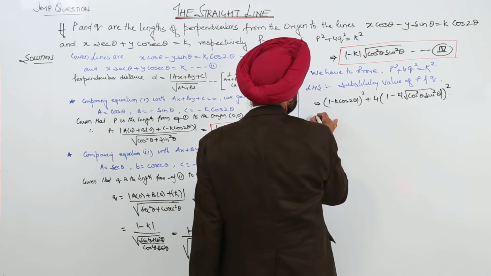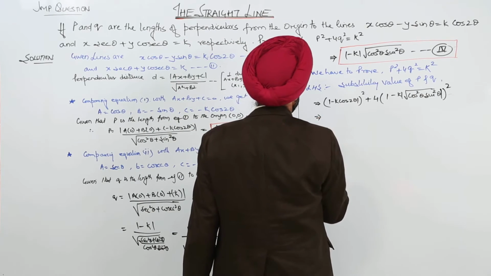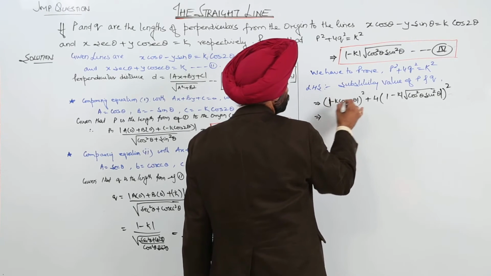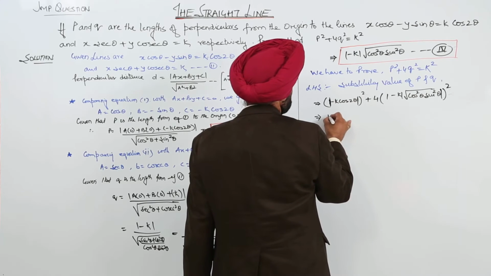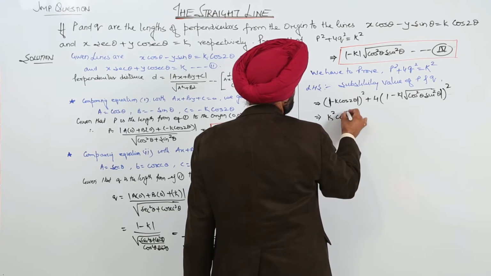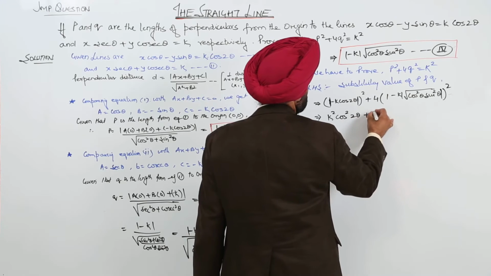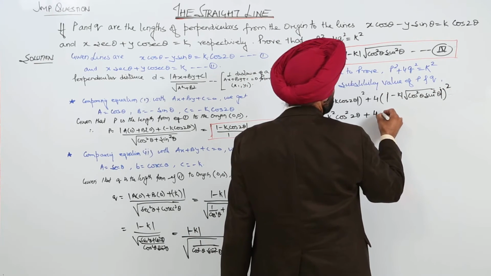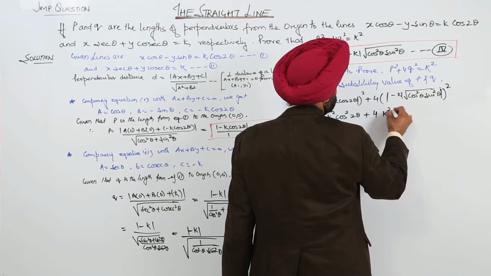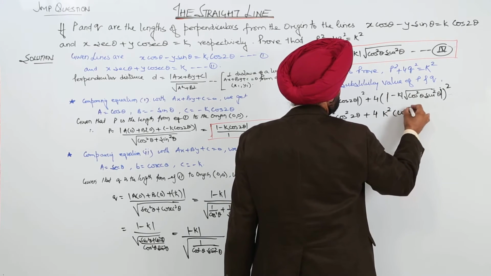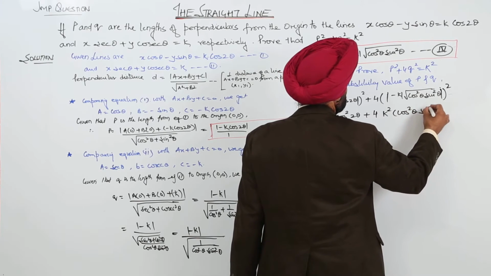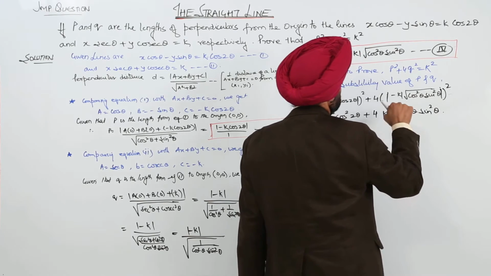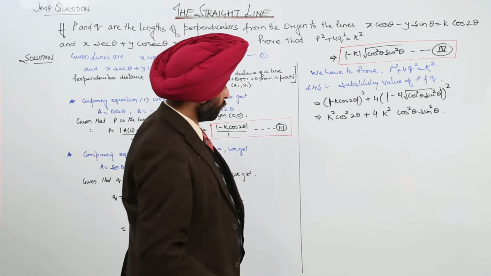Now this further becomes, don't be confused with this as a 1, this is absolute value. Now this becomes k square cos square 2 theta plus 4, again this is modulus, plus 4k square cos square theta sin square theta. Just remove this bracket. Is it clear?